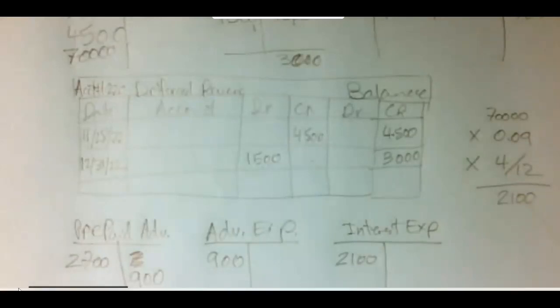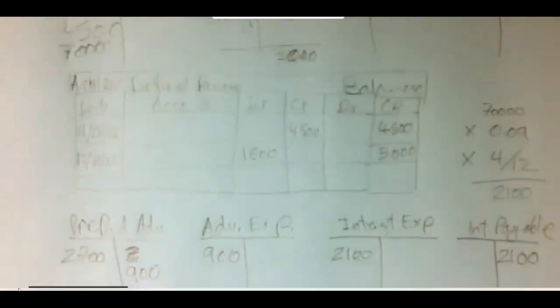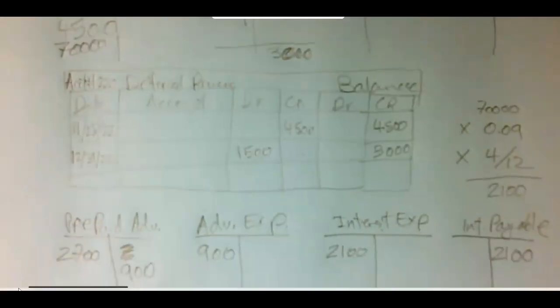So that's how you know how much your interest has been accrued. So you recognize the accrued interest expense of 2,100, that's a debit. And then you say interest payable because you're not paying right now. And that's $2,100 credit liability. So expense, normal balance debit, will increase, and liability, normal balance credit, will increase.